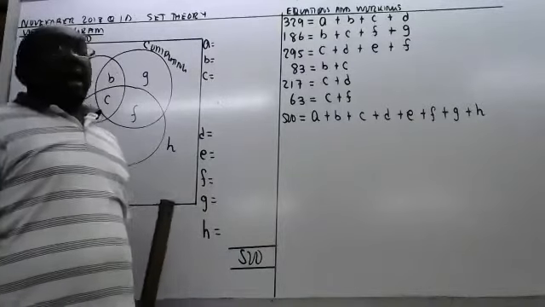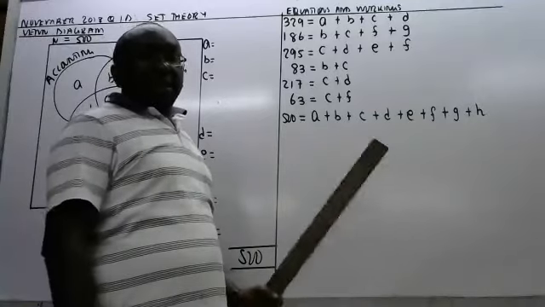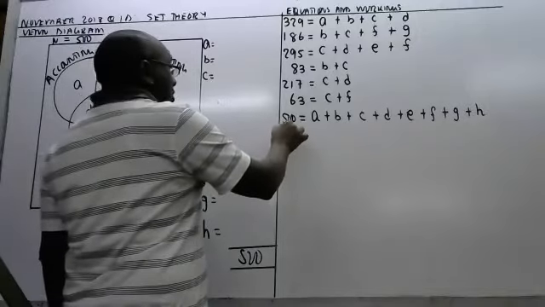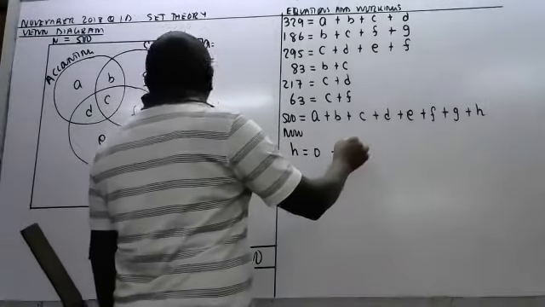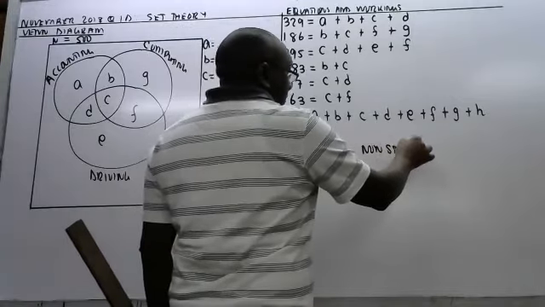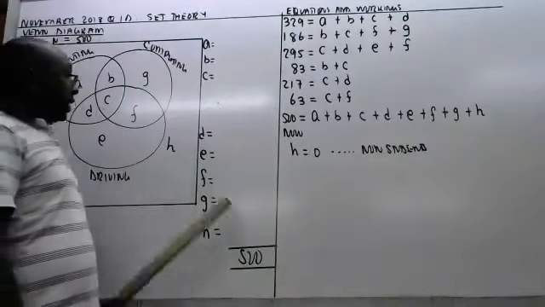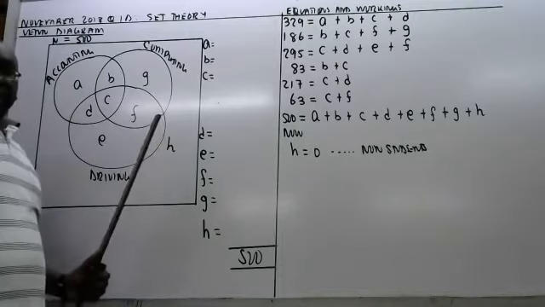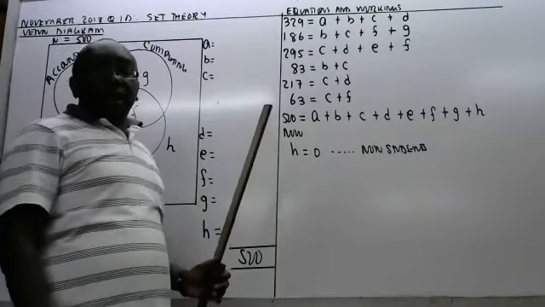And in seeking help from the whole equation, the next thing that you do is to let H be 0. You say now H is 0, because these are non-students. H is those persons who are not taking a course under the institution.